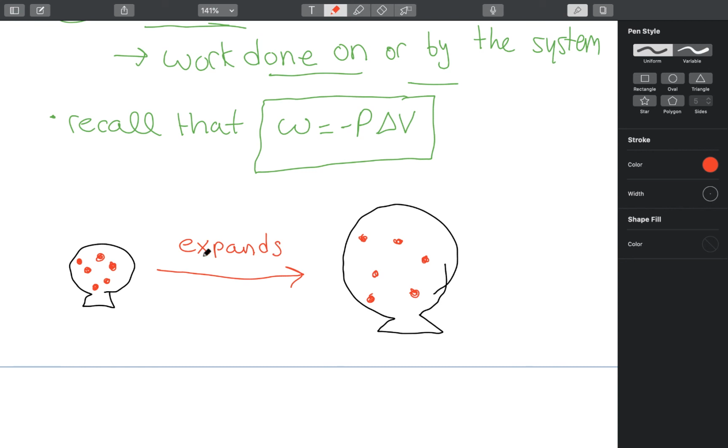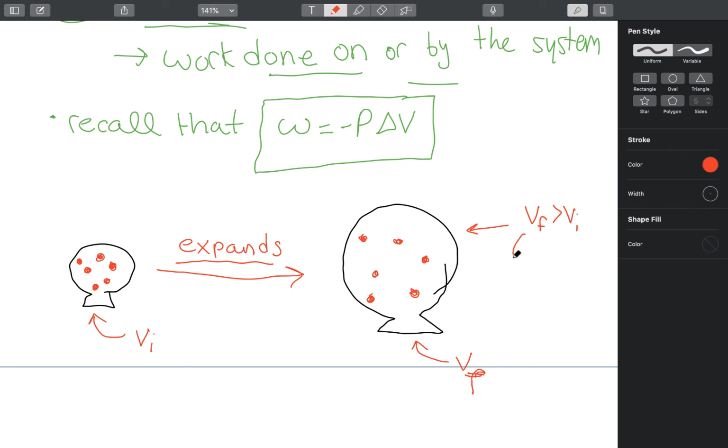So during an expansion, what happens to the volume inside the balloon? We have V initial and V final after the expansion. So after an expansion, is the final volume greater than or smaller than the original volume? V final is greater than V initial.